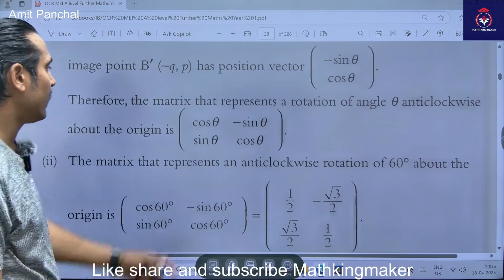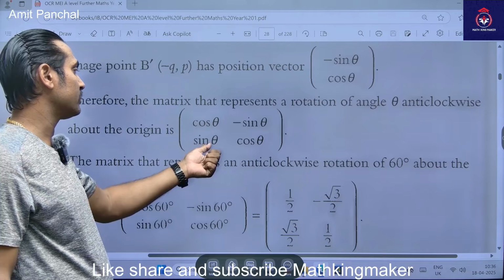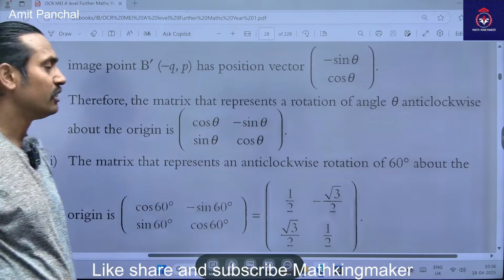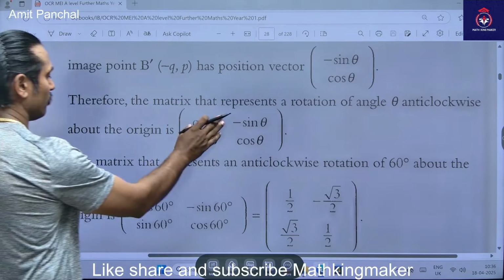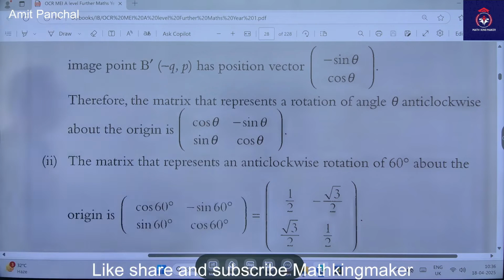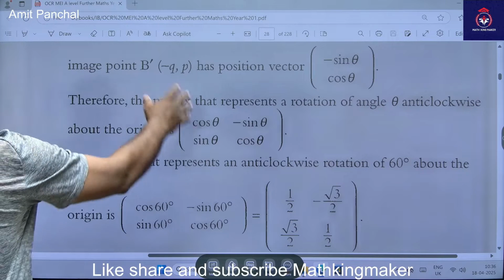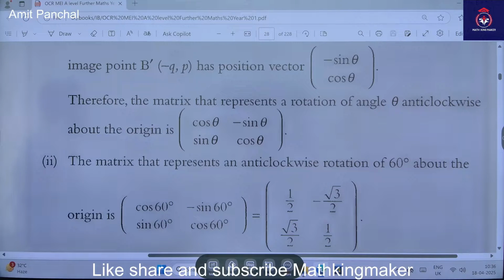If you are rotating it anti-clockwise, you just put the value of theta here, and you can find the matrix directly. Please note it down. And if you forget it, you can easily calculate it also, because there is a way to calculate it.